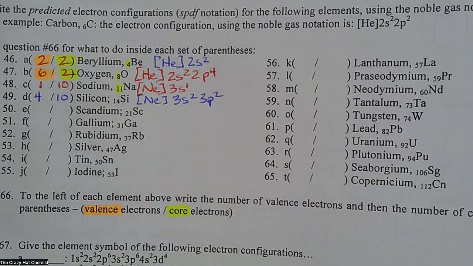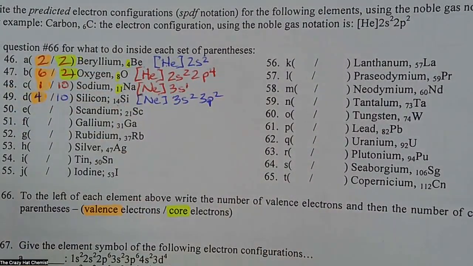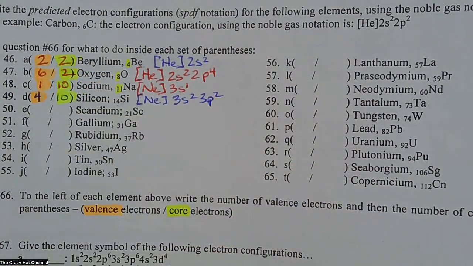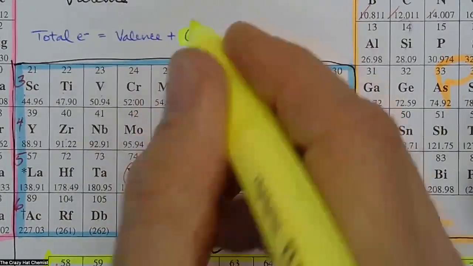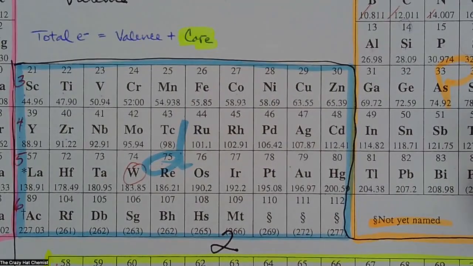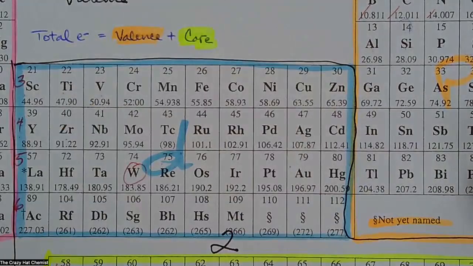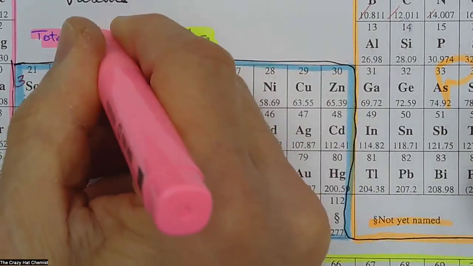I'm hoping that you're seeing a pattern here. Okay, again, I'm just going to highlight the valence electrons in orange and the core electrons in yellow. Core electrons are in yellow and valence electrons are in orange, and the atomic number is, of course, the total number of electrons. That's equal to the valence plus the core.